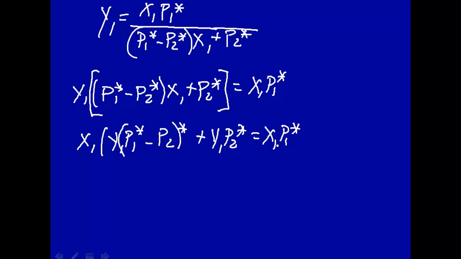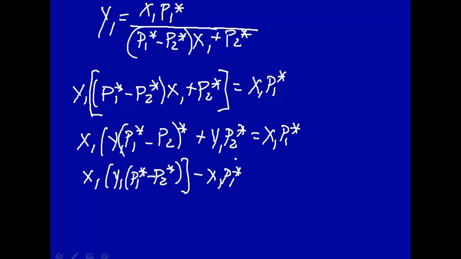Okay, we're getting close, so let's put that x1 over there, so we get x1 y1 (P1 star minus P2 star) minus x1 P1 star. We're isolating the y1s over here, so we get y1 P2 star with a minus sign. Don't forget the minus sign.